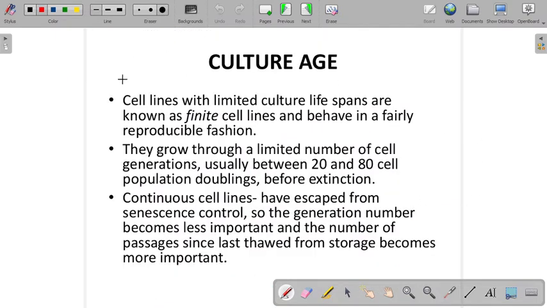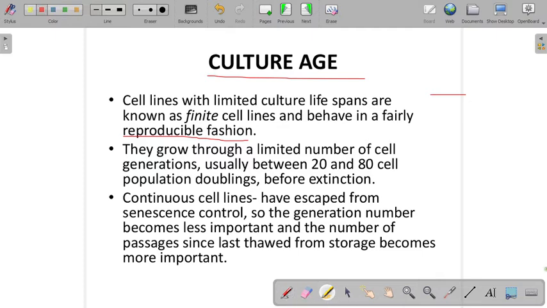Now here we are looking at the culture age. What is the age, and what happens to the cell lines if they are finite ones or continuous ones? The cell lines with a limited culture lifespan are known as finite cell lines and behave in a fairly reproducible fashion. That means they divide and subdivide only up to a finite lifespan, right?